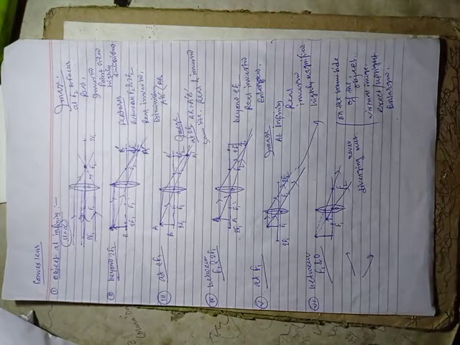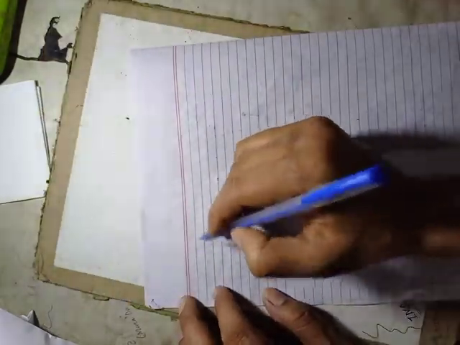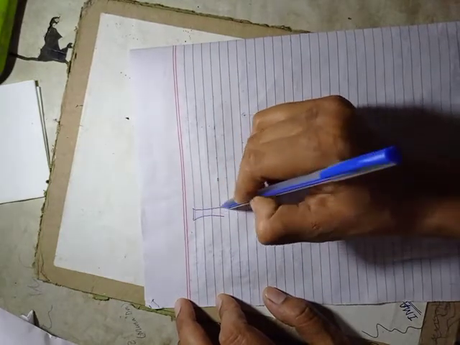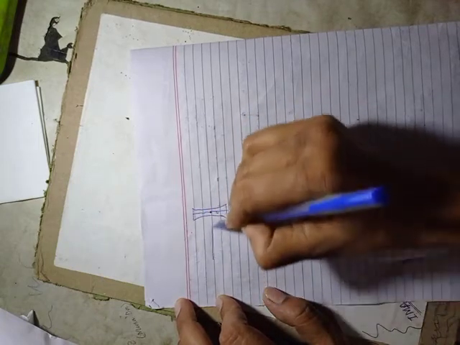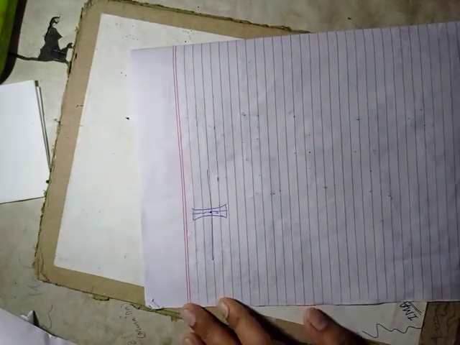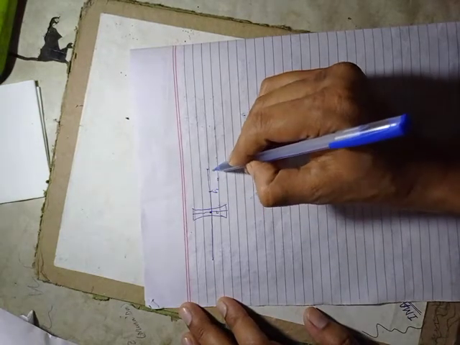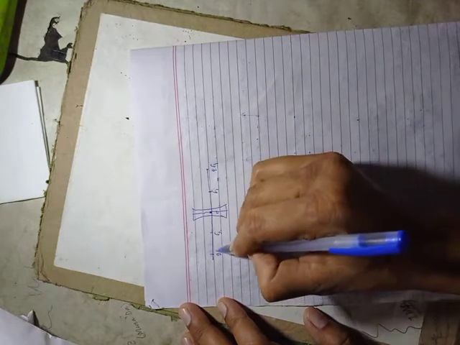And for the concave lens, I am drawing the image here. For a concave lens, there are two types of ray diagram you will get. That is a concave lens, that is the axis, that is O. Similarly, on the right side you will draw f1, 2f1, and here f2, 2f2.